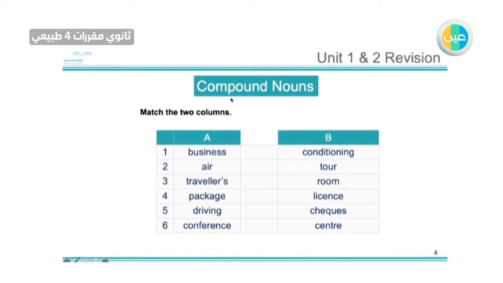We have an exercise here. Match the two columns. We have column A and B. What words do we have here? 1. Business. 2. Air. 3. Travelers. 4. Package. 5. Driving. And 6.